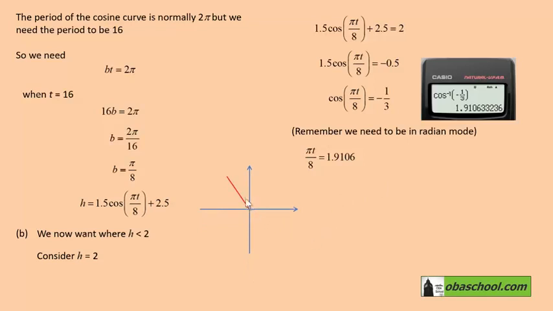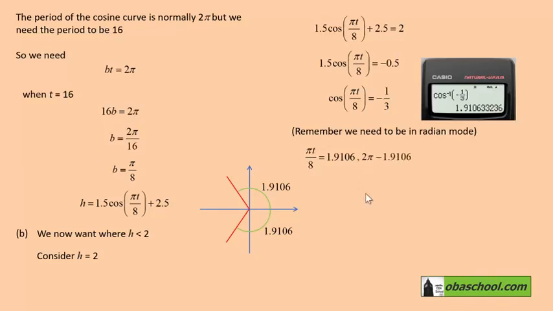So that's going to be here. And I know that just because the cosine is negative 1/3. So that means the principal value is in the S quadrant. I don't necessarily know 1.9106 is in that quadrant straight away. So that's that angle there. And remember, it's a cosine, so the other one will be symmetrically down here in the T quadrant.